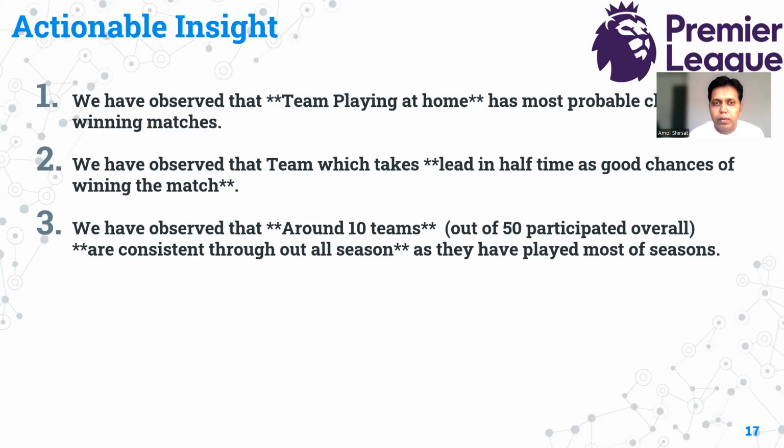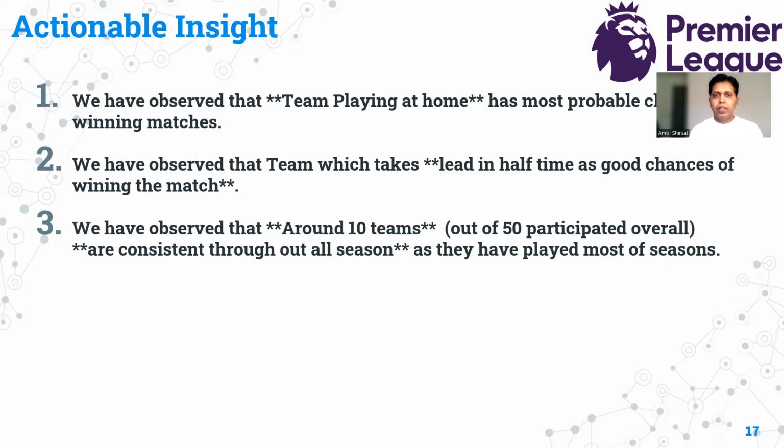Some of the actionable insights, apart from what I mentioned in each plot, are that the team playing at home has the most probable chances of winning matches. The second insight is that the team leading at halftime has good chances of winning the match. So the team which has won the halftime result has most probably won the full-time match.